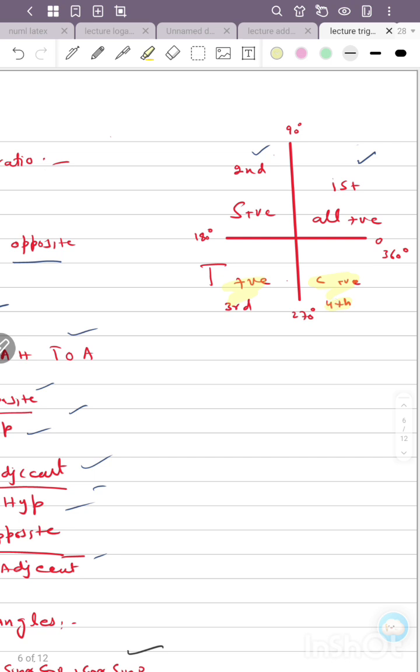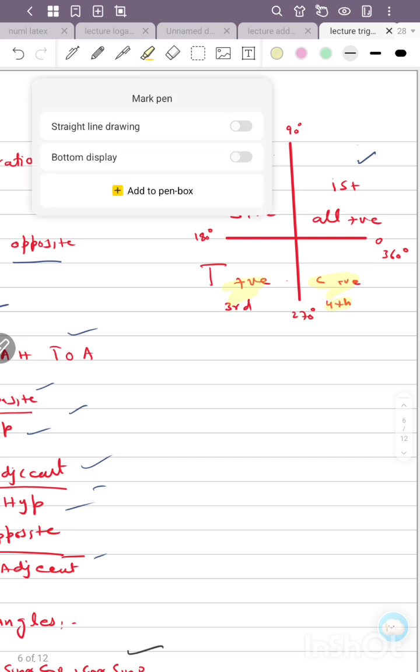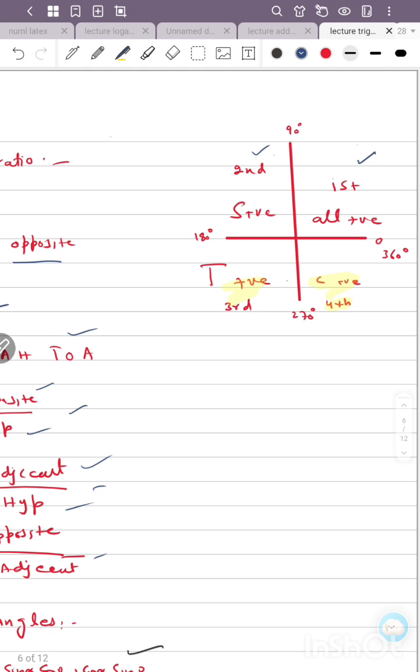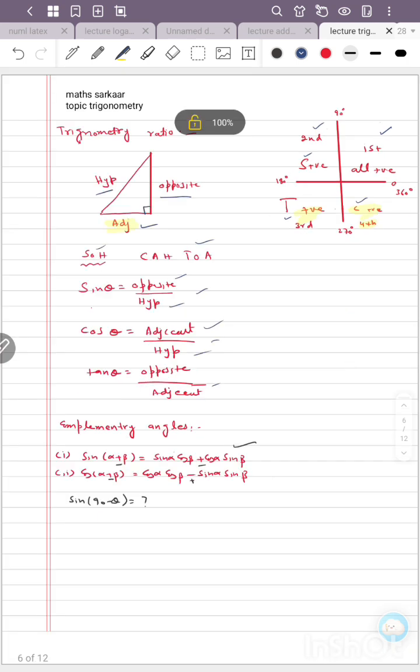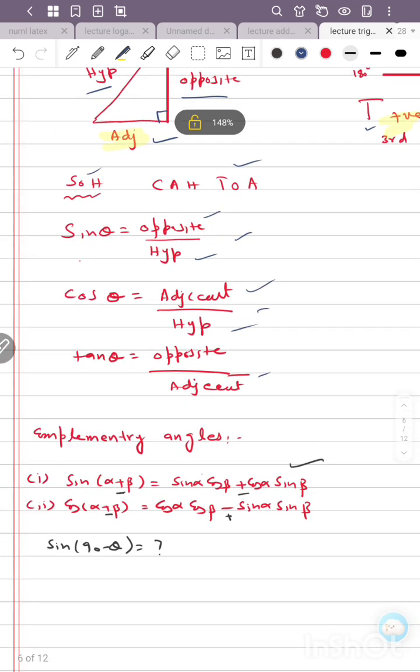After discussing this quadrant system, we have to know that in the first quadrant all trigonometric ratios are positive, which means sine theta, cos theta, everyone is positive. In the second quadrant, S is positive, meaning only sine is positive. In the third quadrant, T is positive, meaning only tan is positive. In the fourth quadrant, C is positive, meaning only cos values are positive. Other values will be negative.